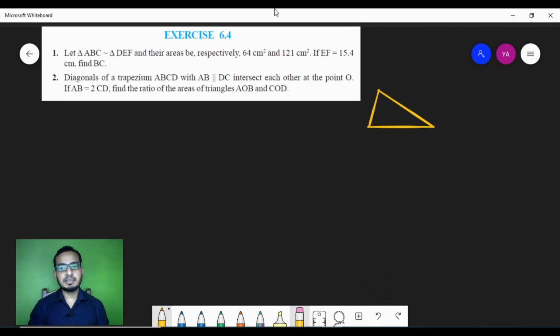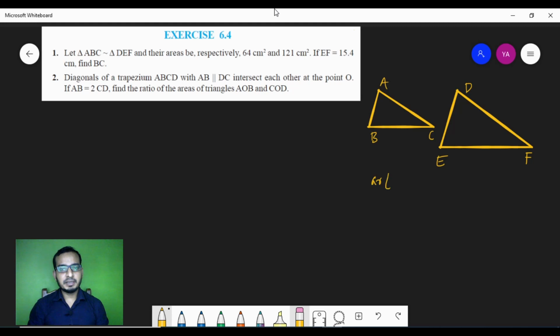Suppose this is triangle ABC and this is triangle DEF, such that they are similar.